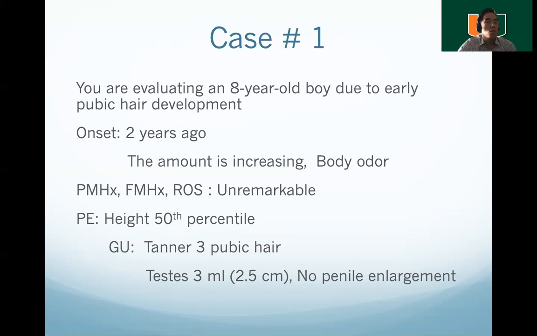Remember, history is still very important. On physical exam, his height is on the 50th percentile, his Tanner stage is 3 for pubic hair, and testes are 3 ml, so 2.5 centimeters, and no penile enlargement. Again, there are no signs of central puberty. There's no testicular enlargement.